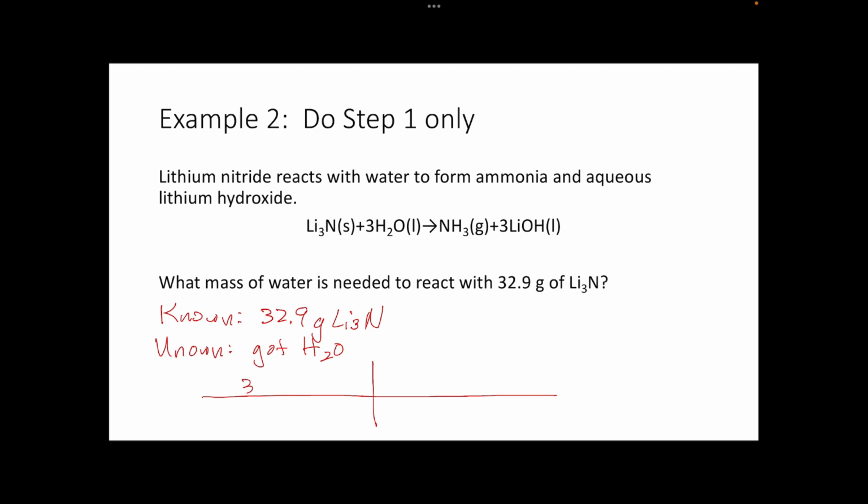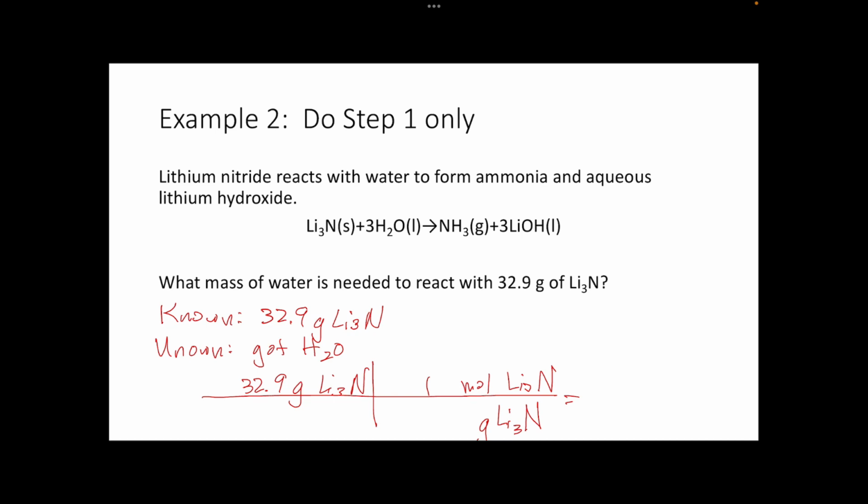So we have 32.9 grams of lithium nitride. Now we need to figure out how many grams of lithium nitride are in 1 mole, and I recommend writing it all out. We go to our periodic table. Lithium has an AMU of 6.94.